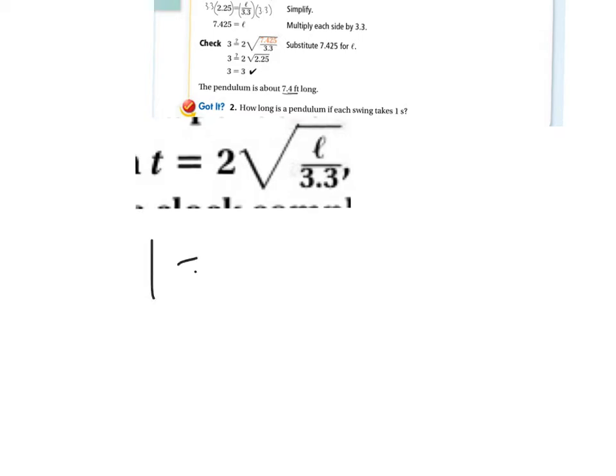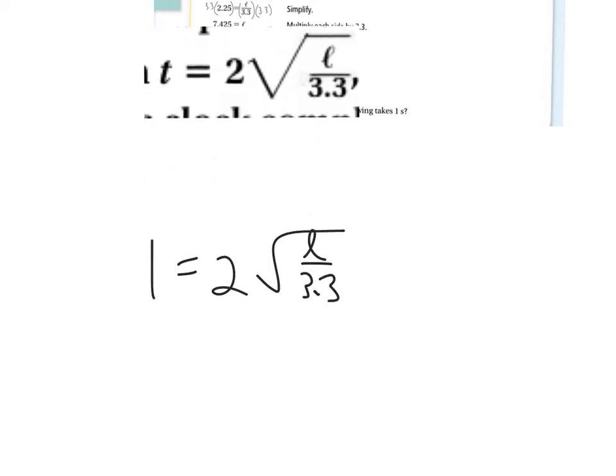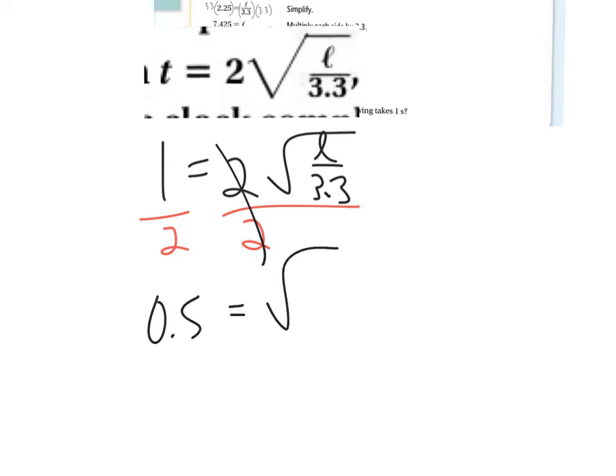The time is 1 second, and then we're trying to solve for L. The steps are the same as what the book did, so we won't take too much time with this. The first thing, just like the book did, you can divide by 2. Since we already have a decimal on the right side, and since 1 divided by 2 comes out evenly, I'm going to go ahead and just put that as 0.5 instead of putting it as a fraction.